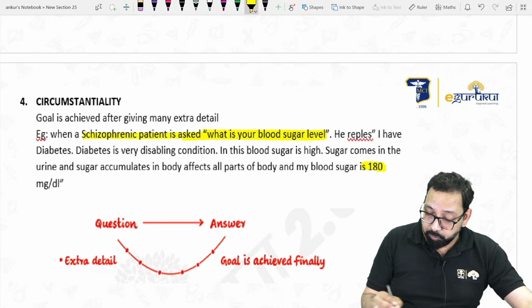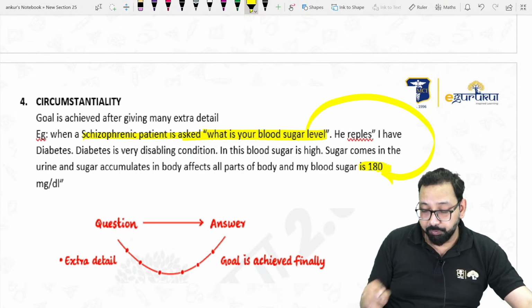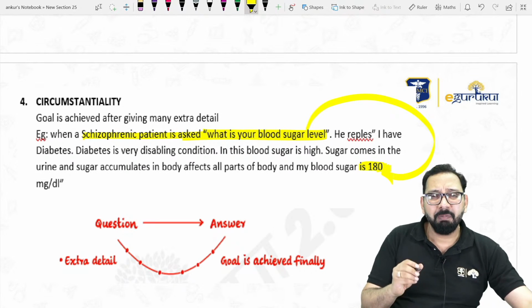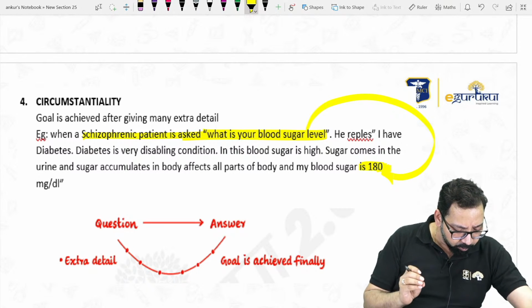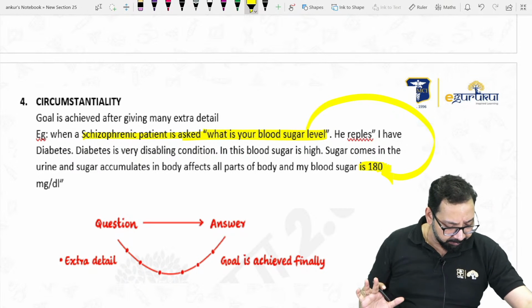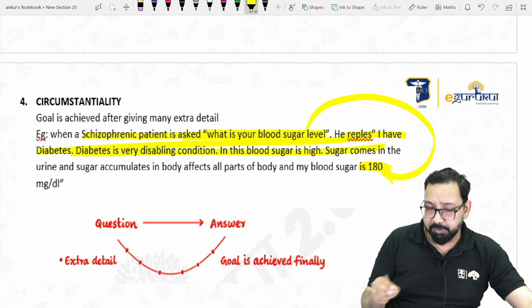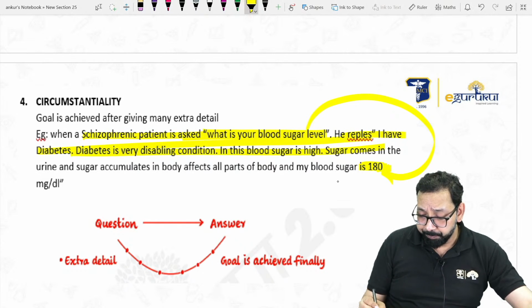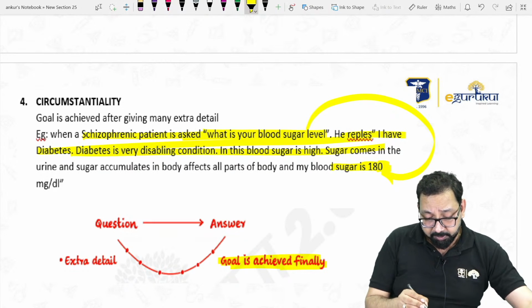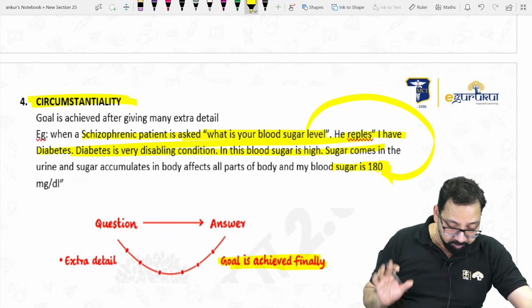A normal person would say my blood sugar is 180 milligram per deciliter. But a schizophrenic patient gives so much history, and in the end tells you my blood sugar is this. Means the goal is achieved. That is circumstantiality: extra detail, goal is achieved.